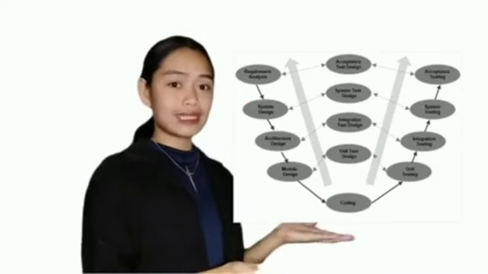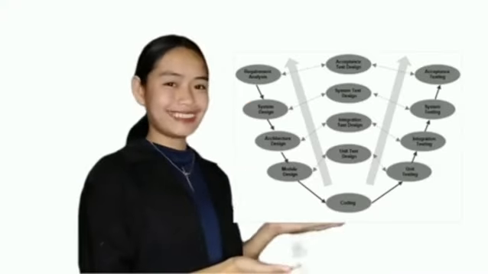This is a highly disciplined model, and the next phase starts only after completion of the previous phase. As you can see, this is the V model.